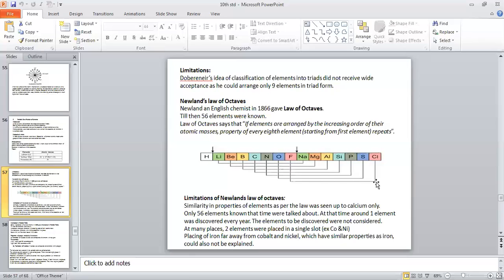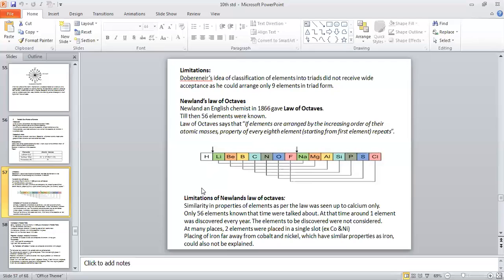So every eighth element has similar properties, and that is called Newlands' octave. It is similar to sa re ga ma pa dha ni sa. So again sa repeats after 8. So that is called Newlands' octave law.